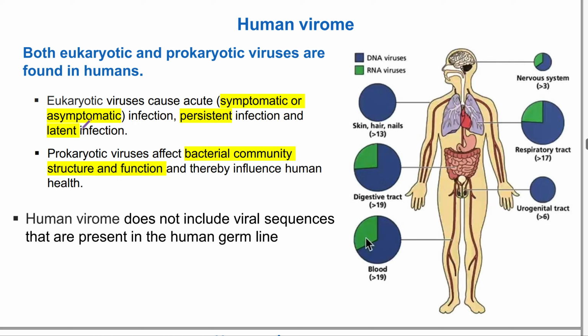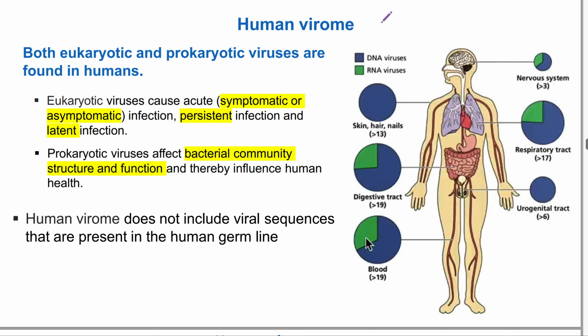Latent infection means the virus will be silent in the host, and when hosts are immunosuppressed, then this virus will become infectious. Prokaryotic viruses affect bacterial community structure and function, and thereby influence human health. The human virome does not include viral sequences that are present in the human germline.